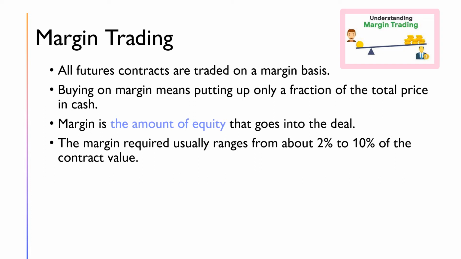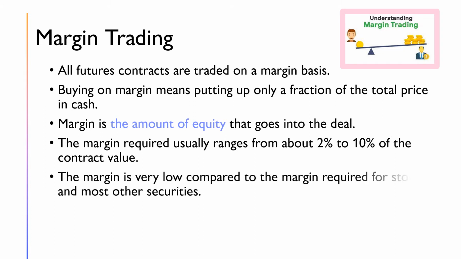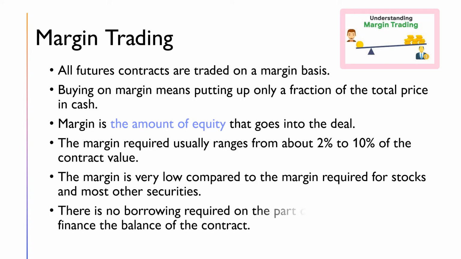The amount varies according to the type of contract and is based on the maximum likely movement in the value of the futures contract. The futures margin is very low compared to the margin required for stocks and most other securities. There is no borrowing required on the part of the investor to finance the balance of the contracts.